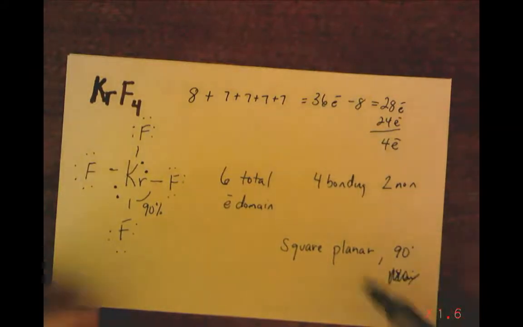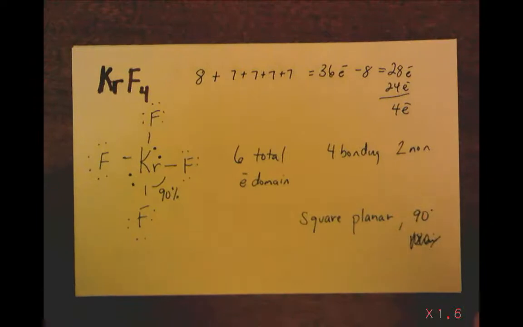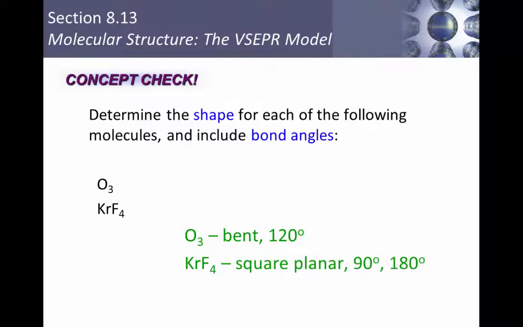But anyway, as you begin to visualize these, as we play with the molecular kits, you'll get a better feel for these structures. Okay, bent, 120. Square planar, 90 and 180.